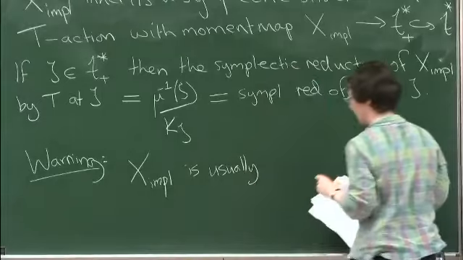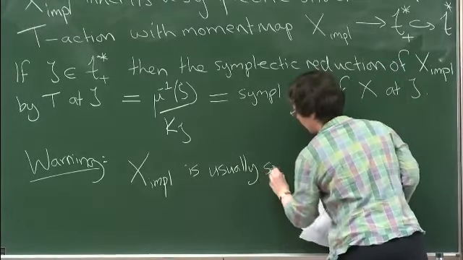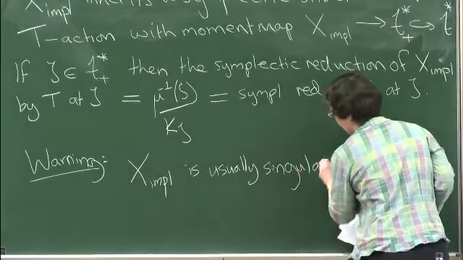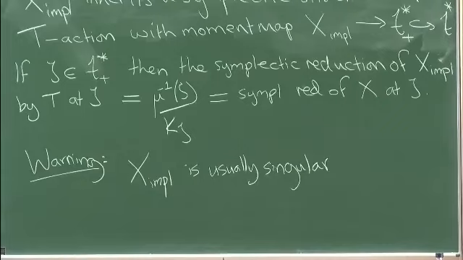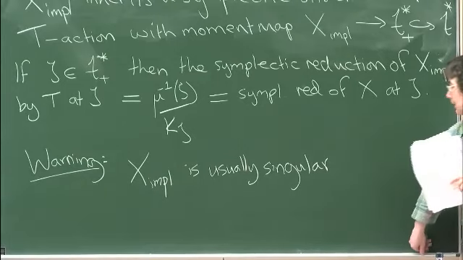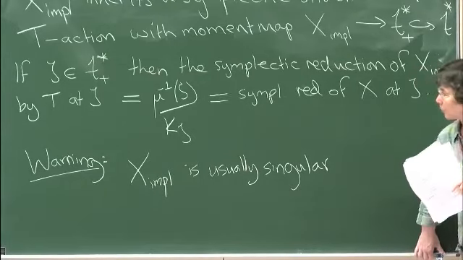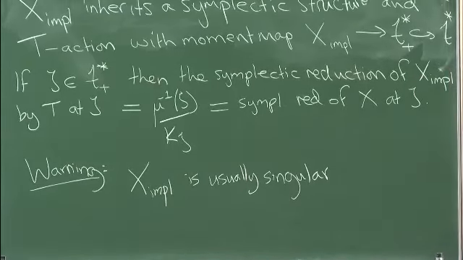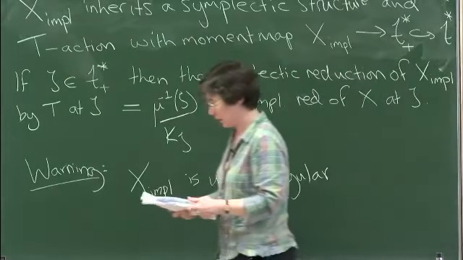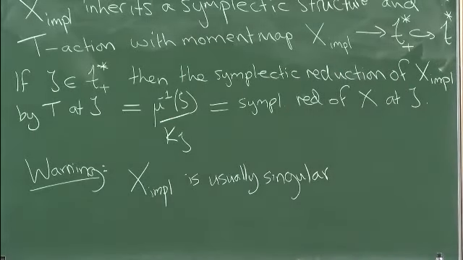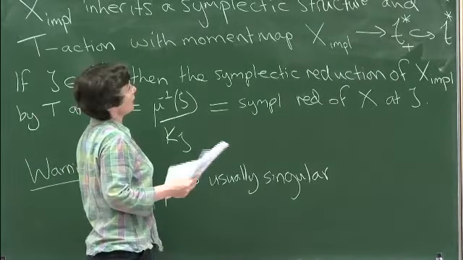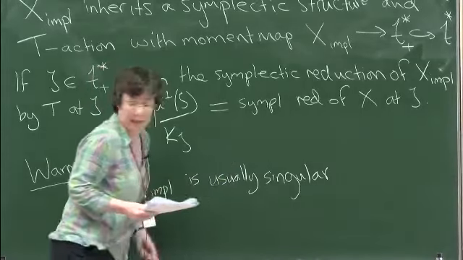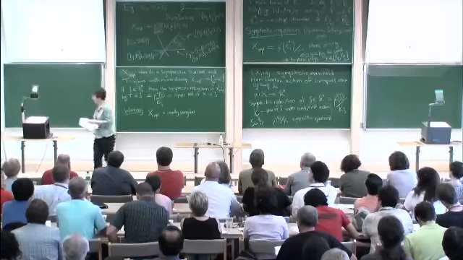And in fact, the only cases where it's not singular, for non-trivial group actions, is when the action is essentially SU2 or a product of SU2s. So this is the imploded cross-section, the symplectic implosion, and shall I?